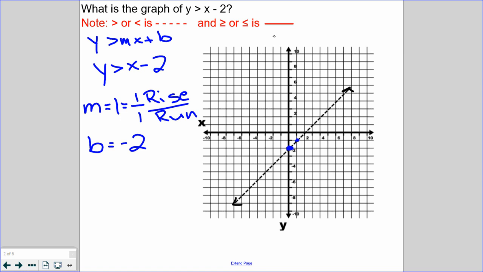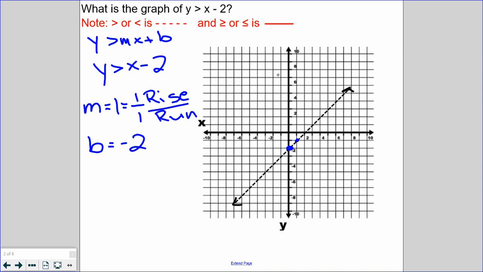The other piece is that in a linear equation, the solutions to the equation are on the line. So all the points on the line are solutions to the equation. Well, in a linear inequality, the solutions are actually above or below the line.